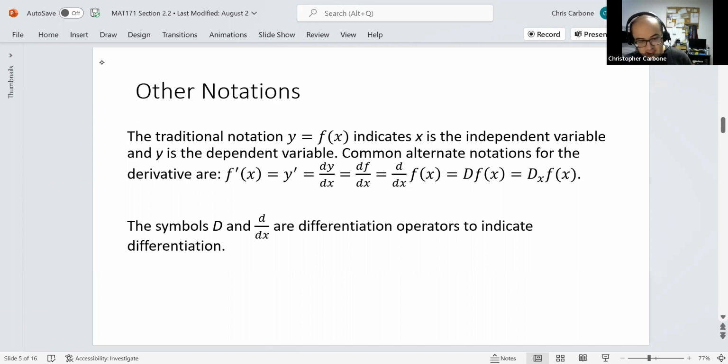The symbols d and d over dx are differentiation operators to indicate differentiation. They are not fractions for you to cancel things out nicely with, at least not in that traditional sense.